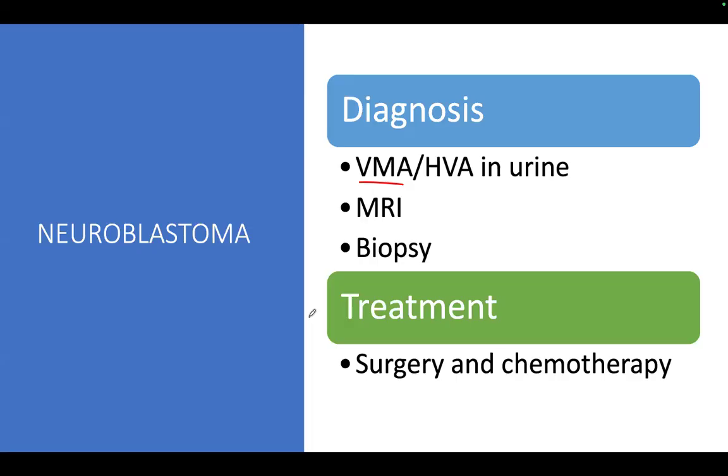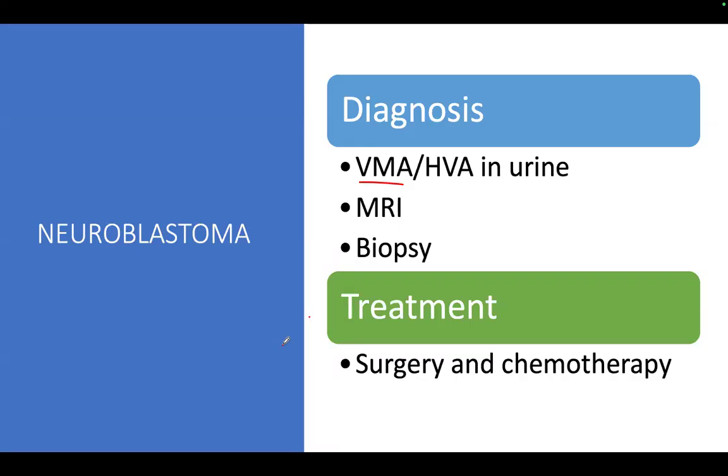Now, question: what is the characteristic microscopic finding of neuroblastoma? What is the pathology buzzword? What will the pathologists consider as the pathognomonic microscopic finding?